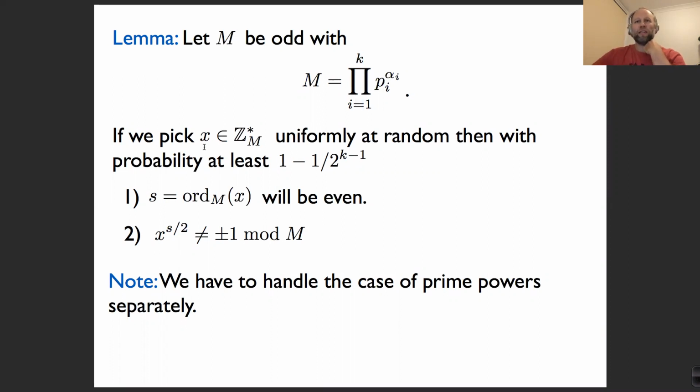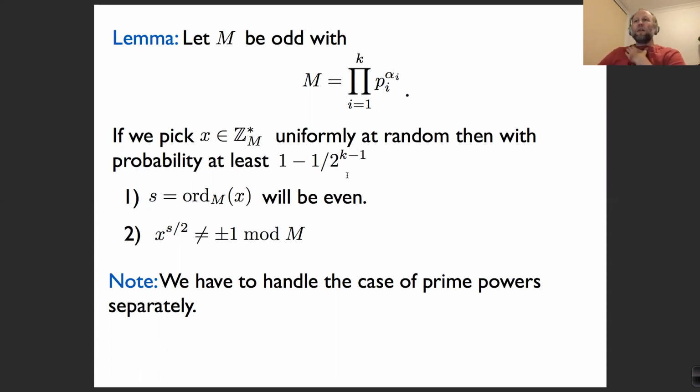Then if you pick an x in Z_m times, the multiplicative group mod m, uniformly at random, then with probability at least 1 minus 1 over 2 to the power k minus 1, the two conditions that we want will hold. The order s of x will be even, and x to the s over 2 will not be plus or minus 1 mod m.